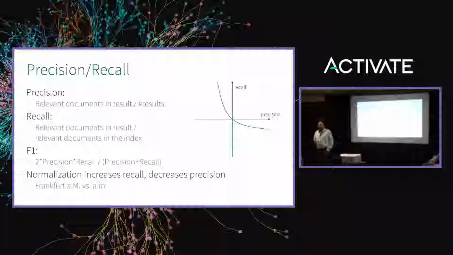Stated otherwise, how much garbage is in your search result that you wouldn't see as relevant if you sorted your results manually. Recall means basically how many of the relevant documents in my index or my corpus are in my search result. So this is how much is coming back.